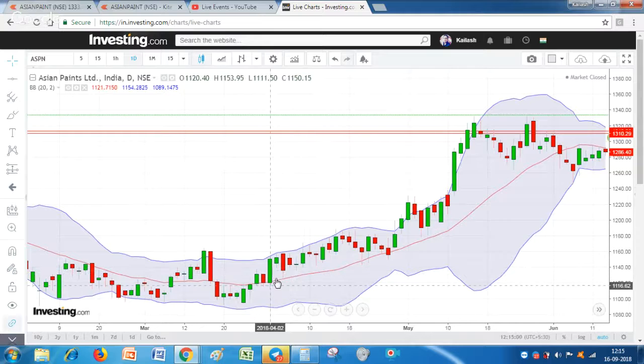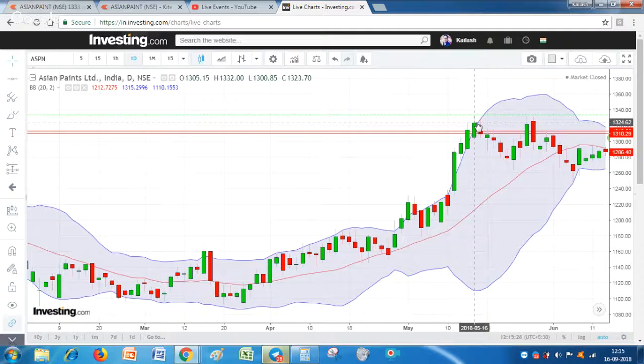But if we had kept cost to cost this day, the stop would have been hit. But if we had not exited and remained in this trade, see, it has gone to this level, a huge big movement, friends.